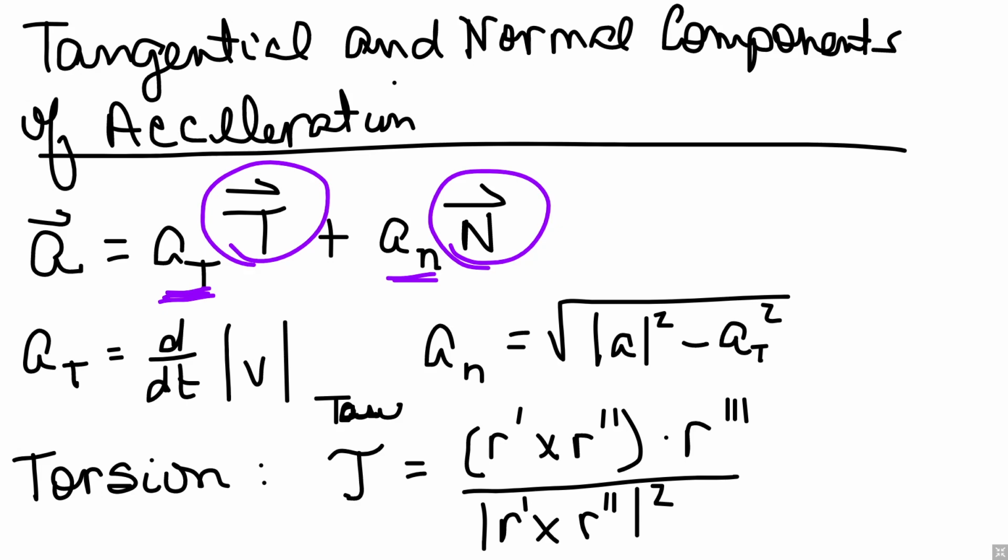All right, so let's take a look at some examples of doing this. Our first example is asking us to write the acceleration vector in the form of a sub t times the unit tangent plus a sub n times the unit normal, without finding the unit tangent or the unit normal.